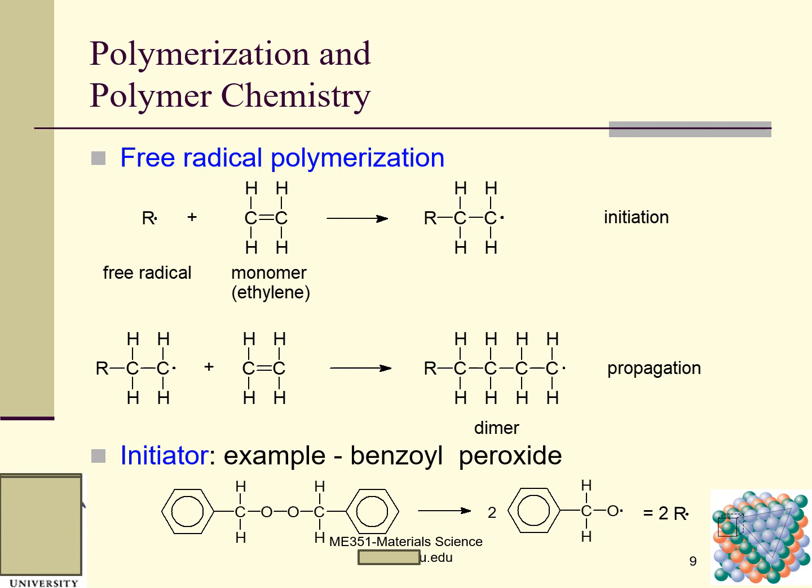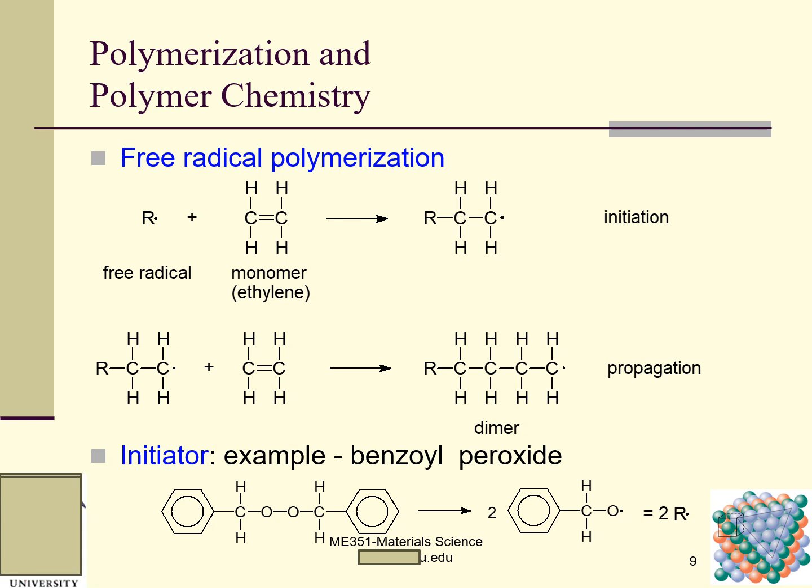So, polymerization and polymer chemistry. By polymerization, we mean that we make the mers come together. And we can see here free radical polymerization. So here is the free radical, and here is a monomer. This is a monomer, and we call it the monomer repeat unit. These two come together, and we call this initiation.